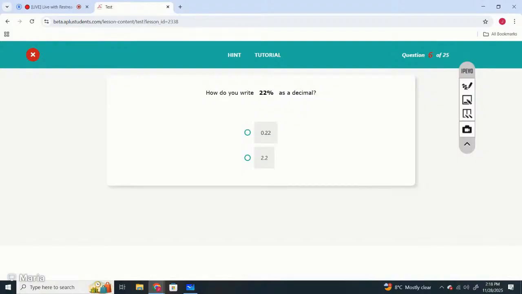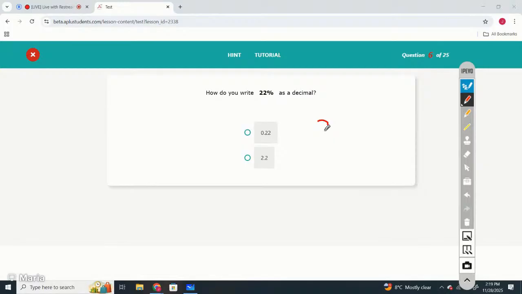How do you write 22% as a decimal? So we need to write 22% as a decimal. So just divide 22 by 100. So 22 divided by 100 is, that is 0.22.